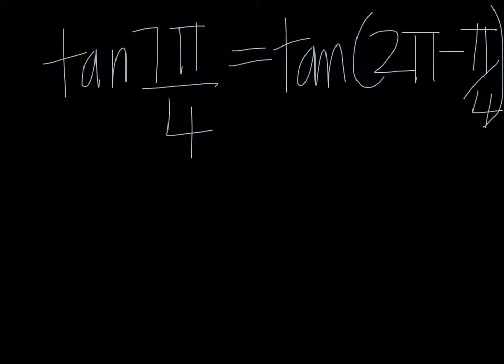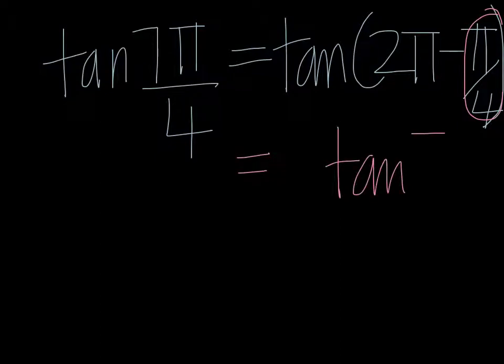Remembering that this angle here tells us what the angle would be if it were in the first quadrant. So we're working with pi on 4. That's going to be tan of pi on 4. And as we worked out previously, tan is going to be negative in the fourth quadrant.